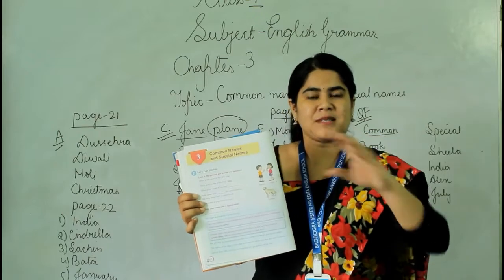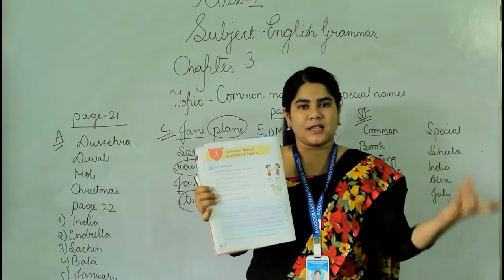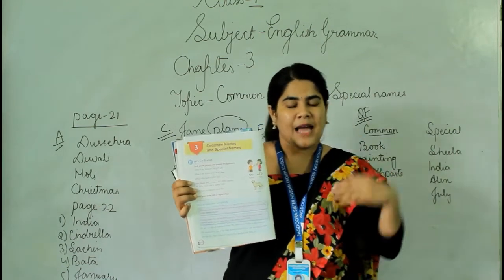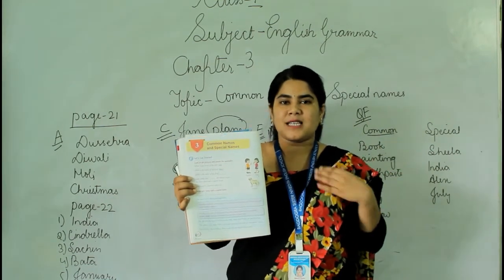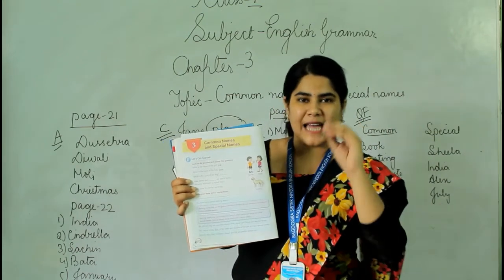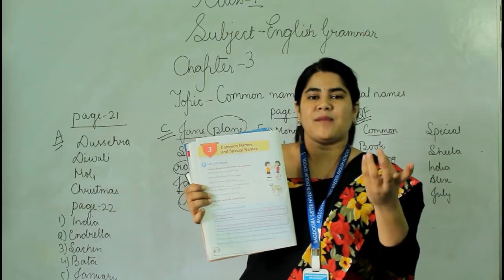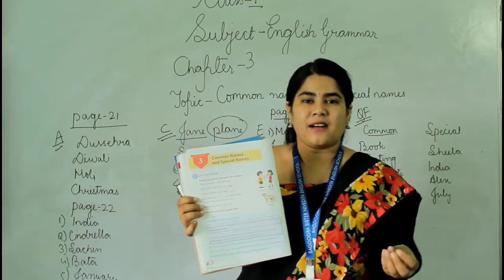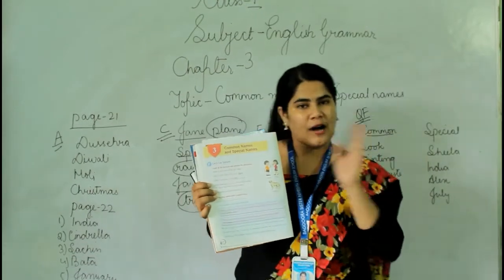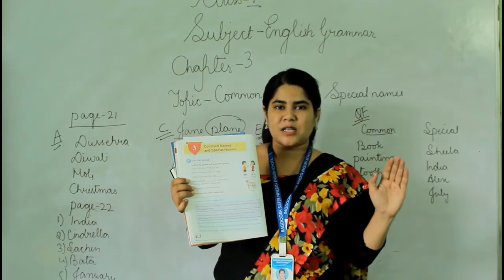Common names are very general, like animals, birds, mother, father, but special names are like, I am a person, but my name is Rashmi. What is your name? And if we talk about animals, then I say lion, tiger, and birds like sparrow, parrot, all these are special names. So I hope that you have understood the difference between common names and special names.